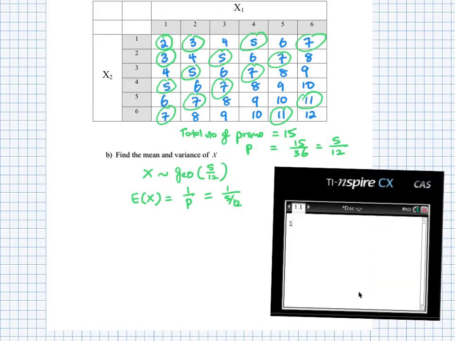Okay, let's get the answers for both the mean and variance.